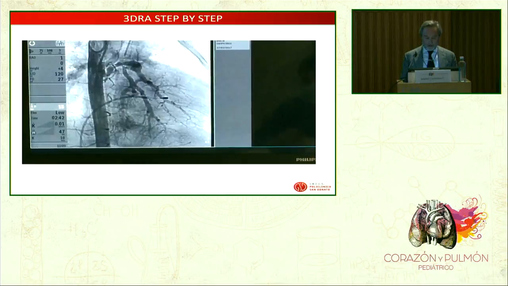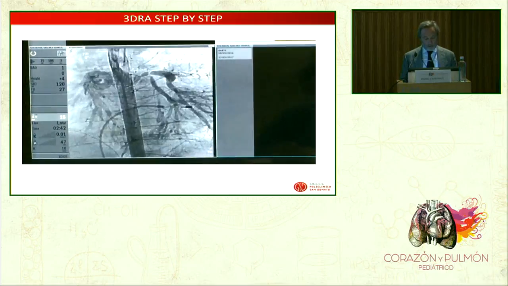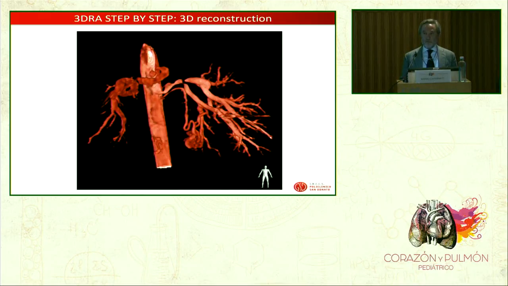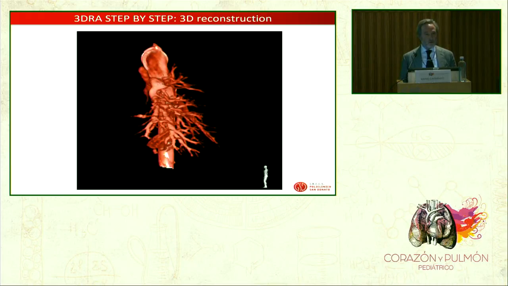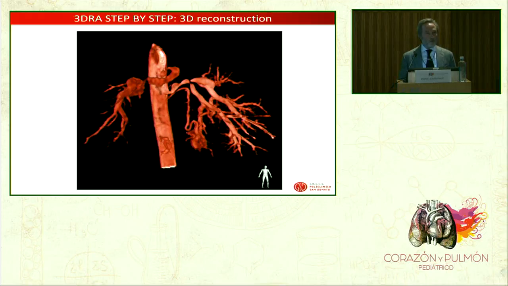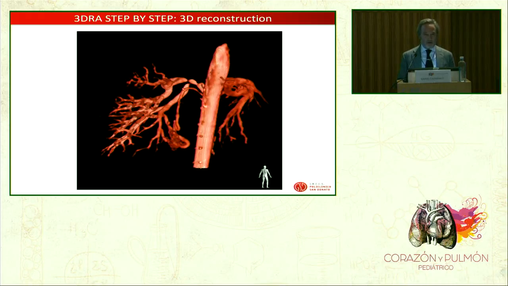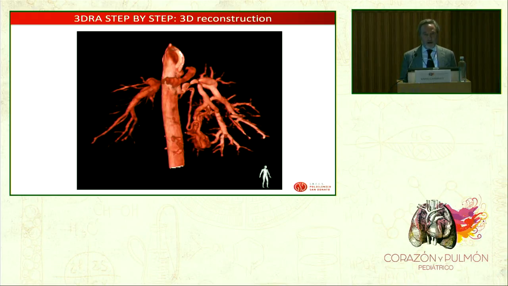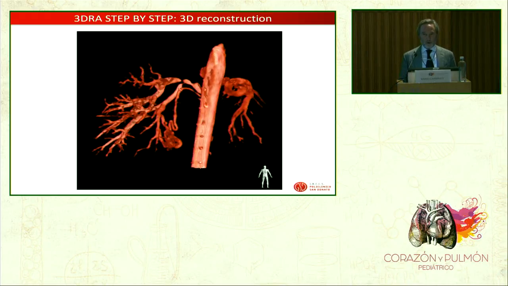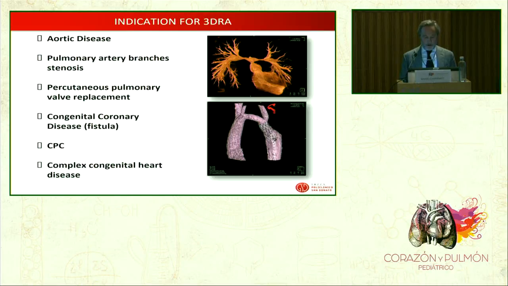In a few seconds, or a few minutes, I would say, we can have a beautiful 3D reconstruction of very complex vessels, in order to show the surgeons, particularly in this case, where the vessels are arising from, and to plan the most proper surgical repair.